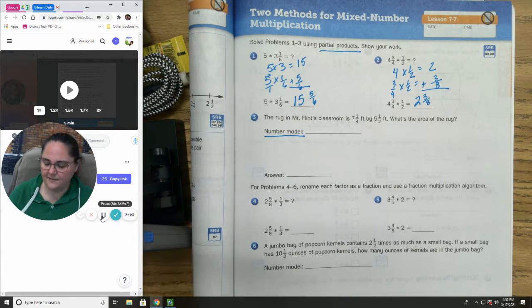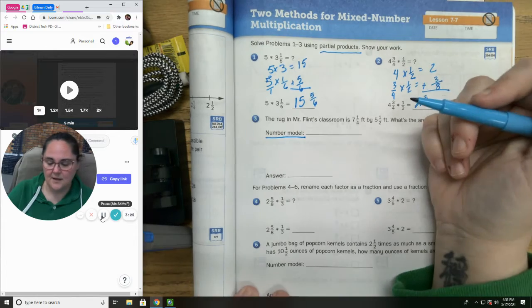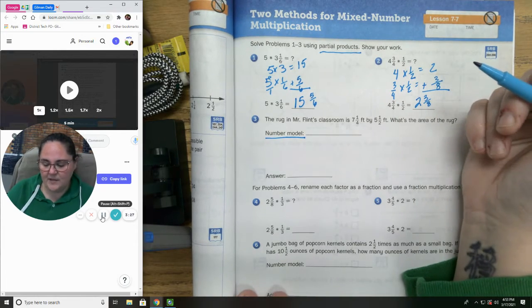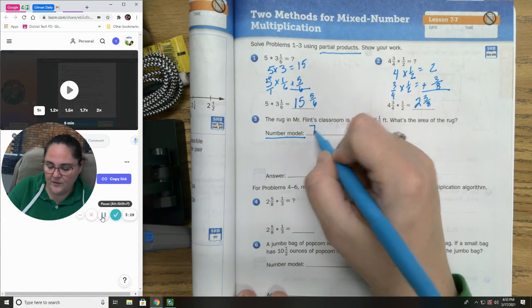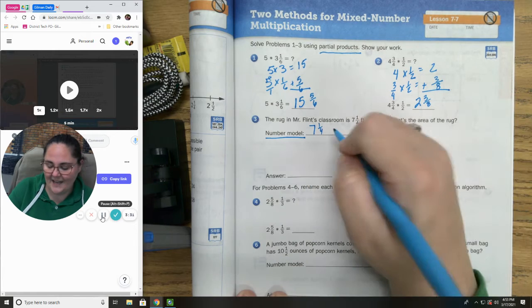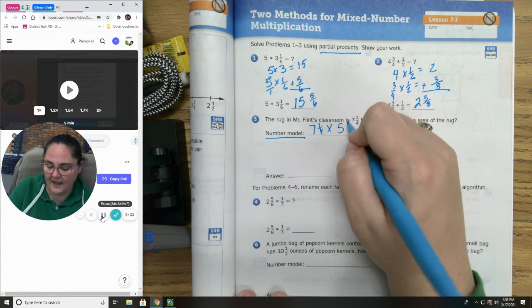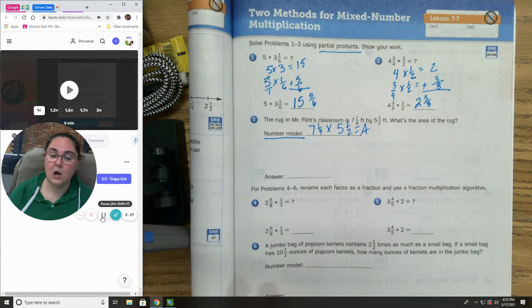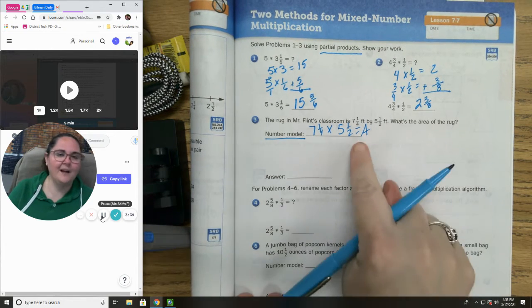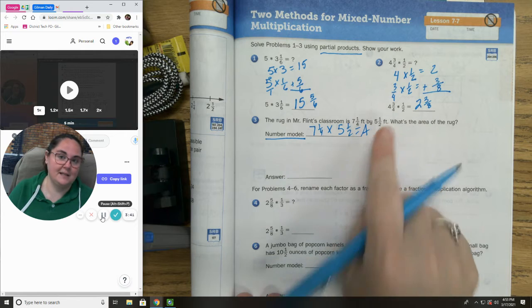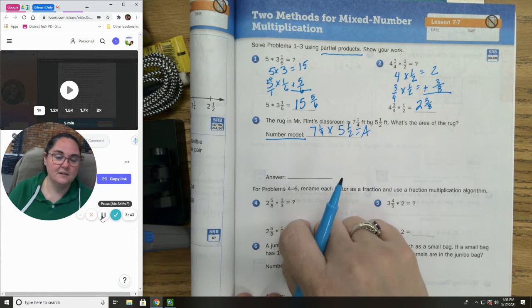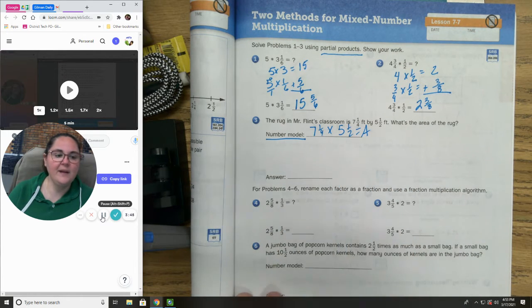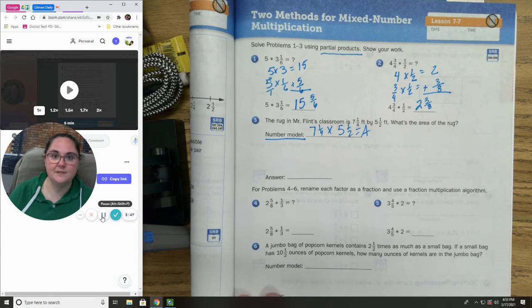All right, if you paused, I hope you did at least. To find the area, we're going to multiply 7 1/4 times 5 1/2 equals A for area, R for rug. I don't care what your variable is as long as it makes sense. Okay? Now we need to think of the partial products problems.